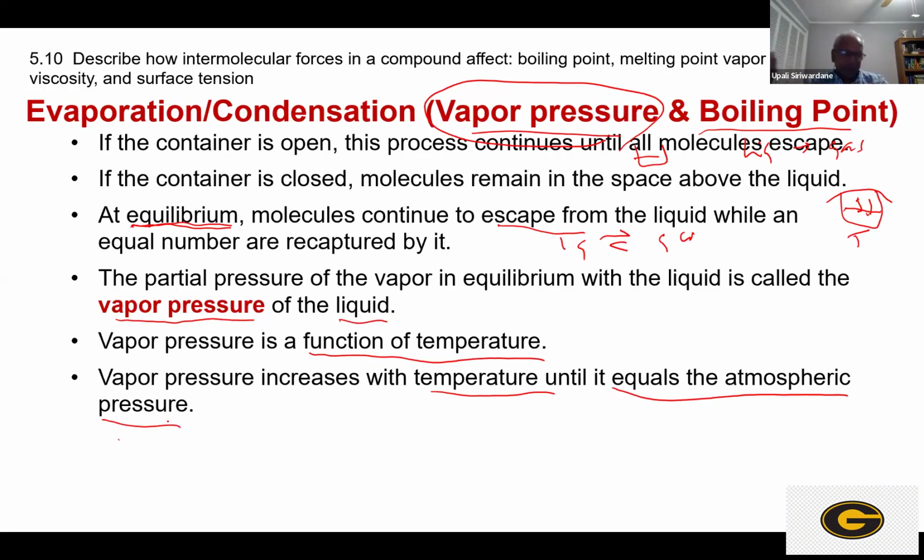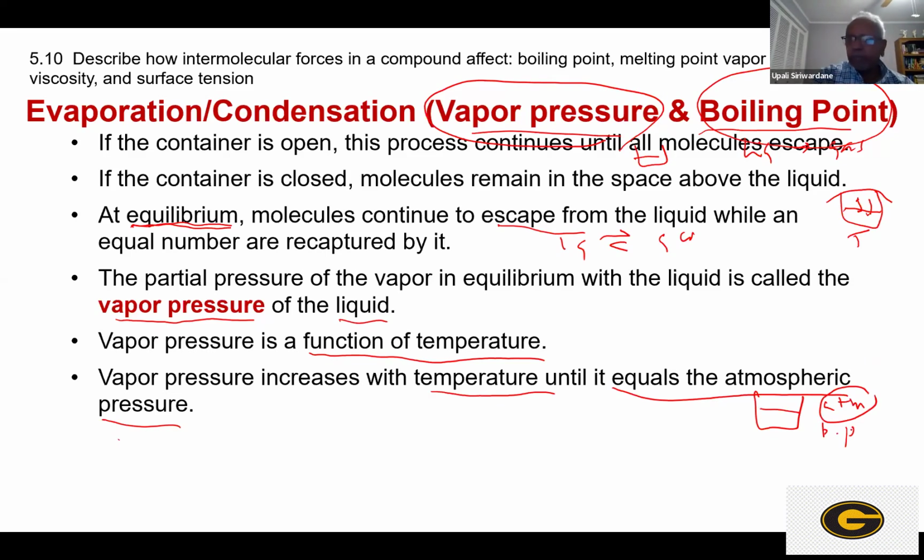This is very important, relating to the boiling point. When the temperature increases, when the liquid reaches the boiling point, the partial pressure on top is equal to the atmospheric pressure.